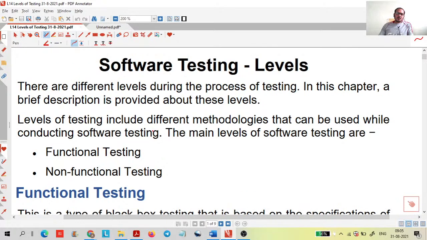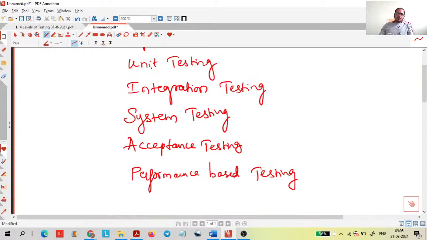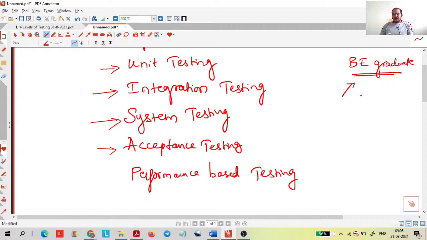The main thing here is that to improve the quality of the product, we need to apply all these testing levels one by one. Take a BE graduate student. First he has to get a seat in BE engineering. He has to go through the CET, that is the 12th CET or JEE examination. Only then do you get admission to the BE course.